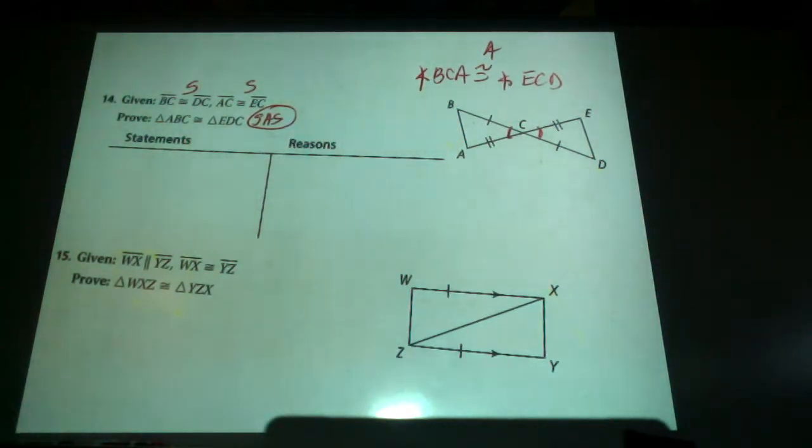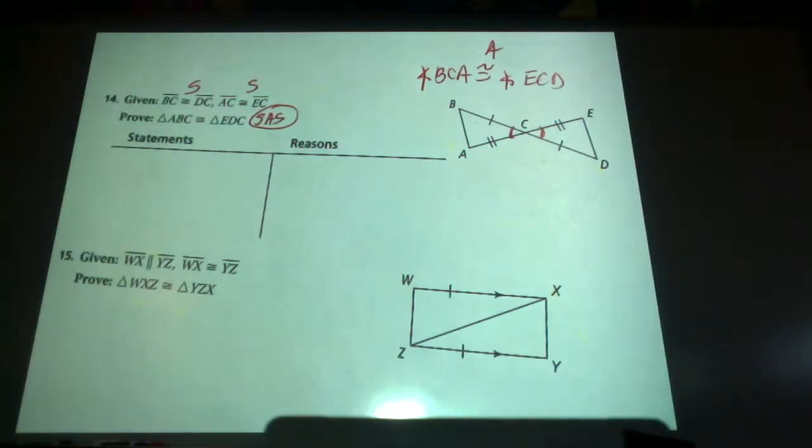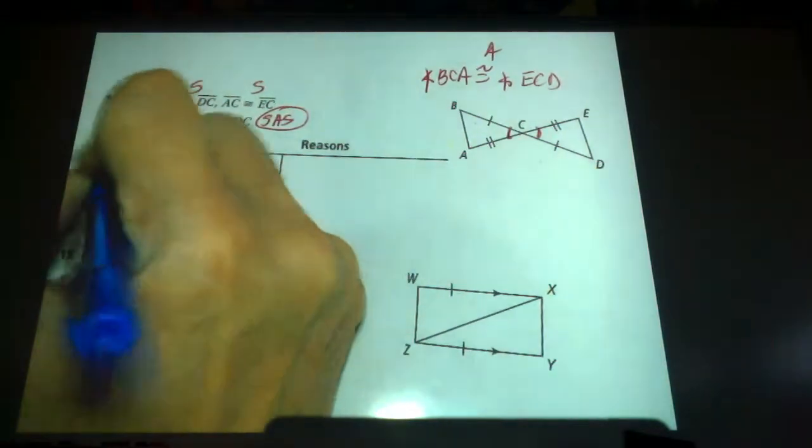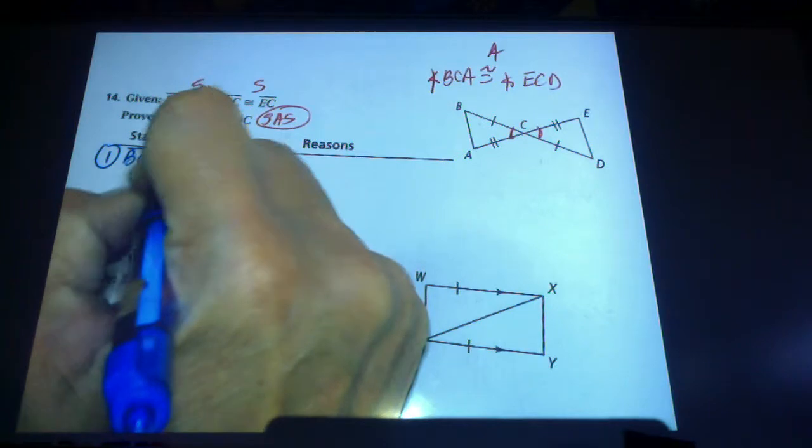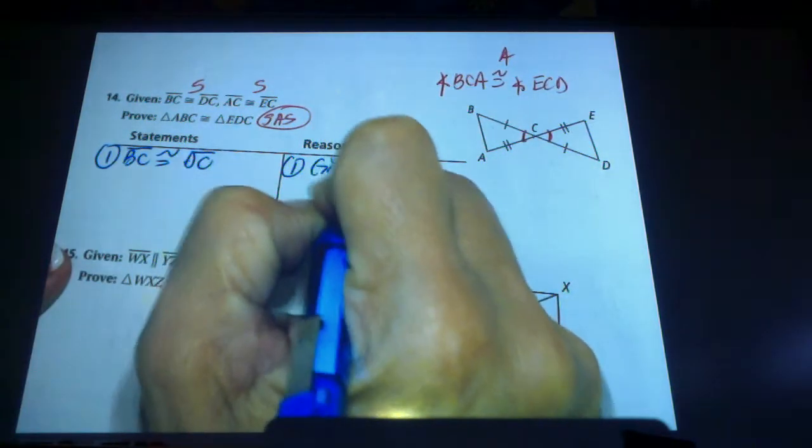Now, you don't have to split your given up. In fact, your book probably won't split your given up. I will, because I like to teach you to go on that progression. So, the very first statement, we're going to choose one of our sides. So we're going to choose BC is congruent to DC. Reason given.